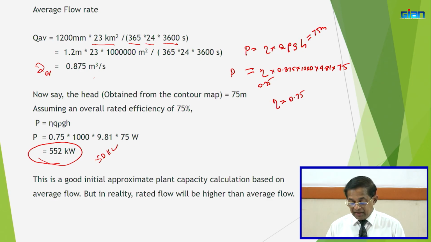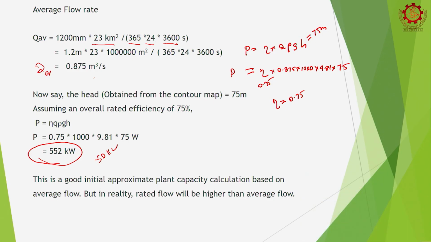So, in this lecture we have discussed our initial concept of small hydropower compared to large hydropower, what the advantages of small hydropower are, and also the initial concept of using contour maps for project identification.